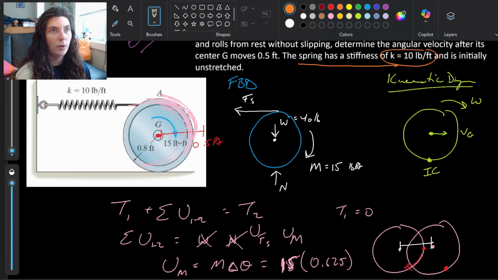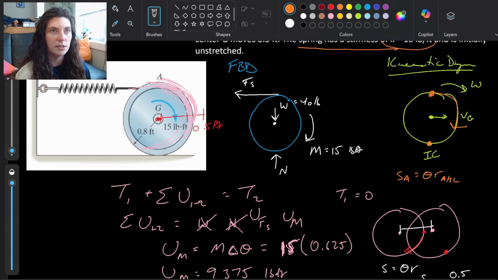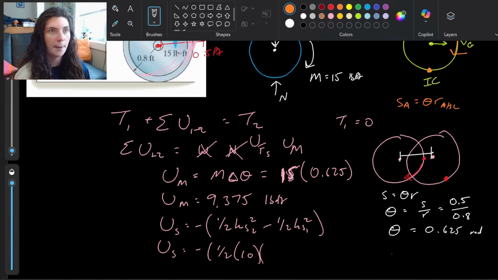If I look at where my bottom is here, and I want to find out how far point A has moved: S_A equals theta times R_A with respect to IC. How far has my point A moved as we go through this angle? I don't know that it goes all the way down to IC. I think it only goes maybe about here, that angle theta that we said was 0.625.